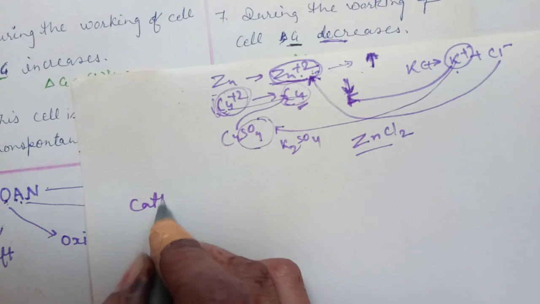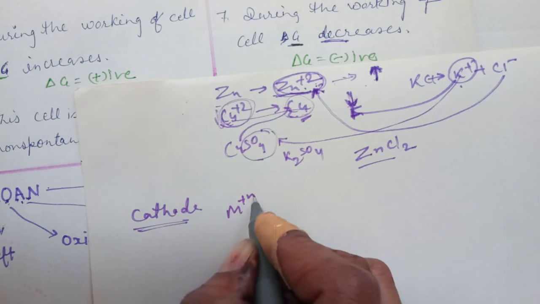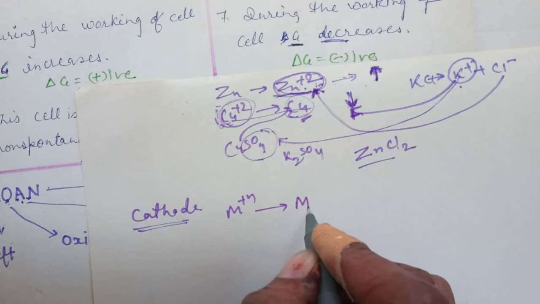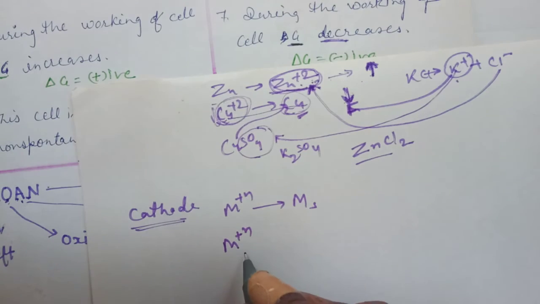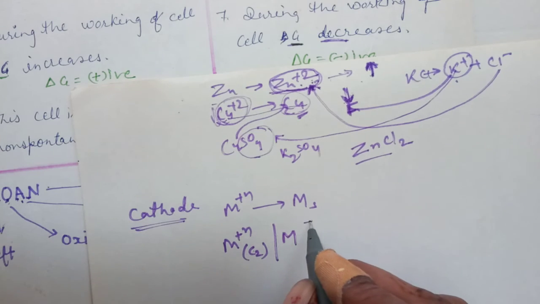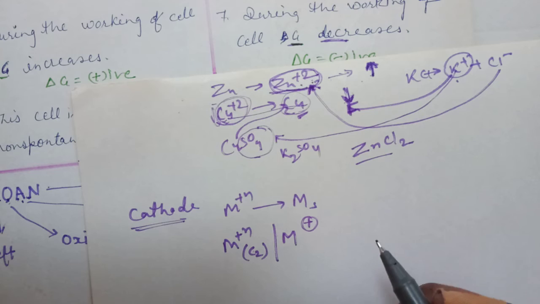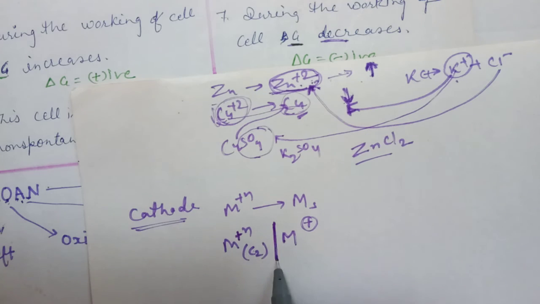Now the cathode. At the cathode, reduction takes place. Reduction means M plus n ions are reducing into M. So we represent it by M n plus, the solution with concentration C2, then a vertical line, M, and a positive charge is written. M plus n ions are reducing into M, and they are in contact.